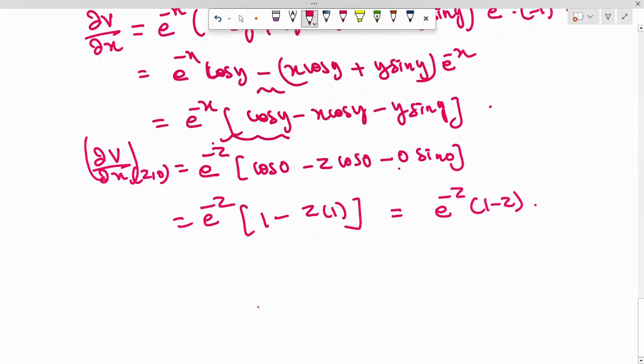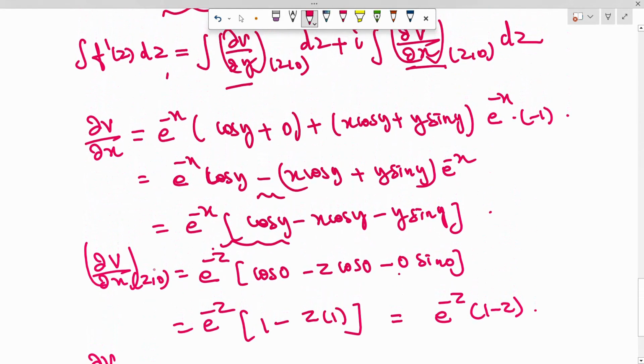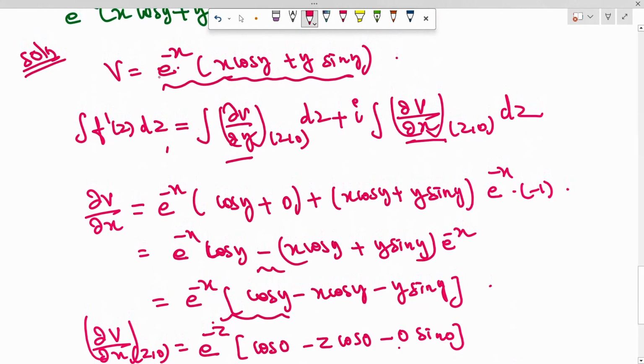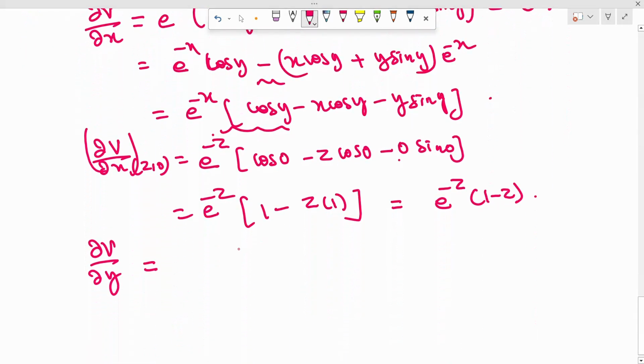In a similar way, we are going to find dou v by dou y from the given v. Apply the partial derivative formula here. The given v is e power minus x into x cos y plus y sin y.